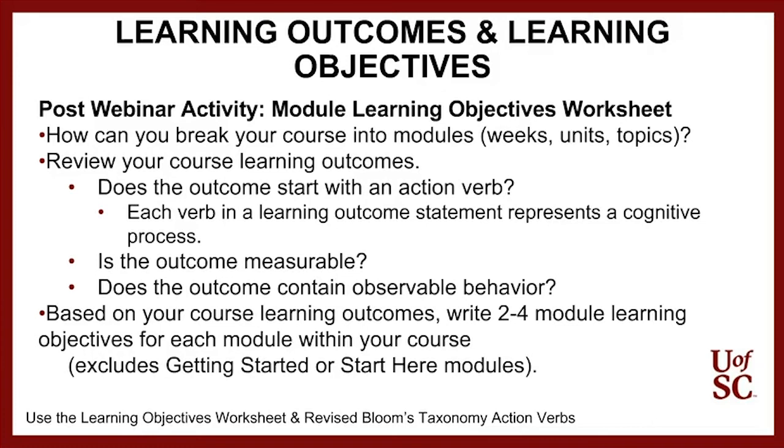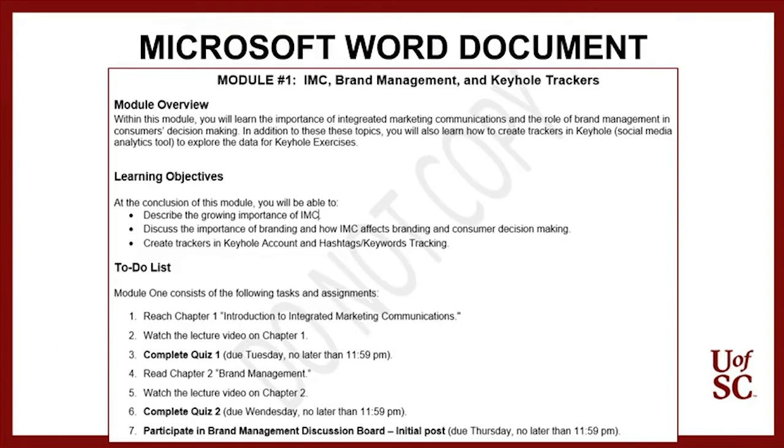That's one example. Then, based on your course learning outcomes, you want to think about how you're going to break up your online class, and then you would determine your module learning objectives. Those are module specific, and that excludes your getting started or start here modules. So I'm going to move on.